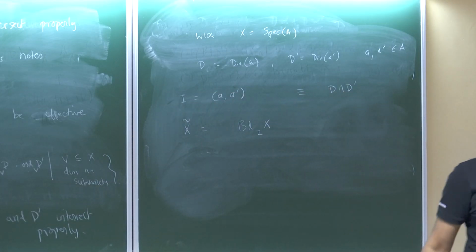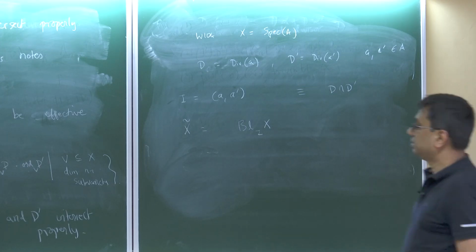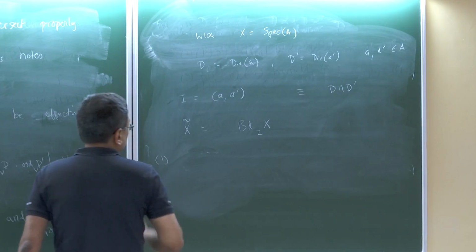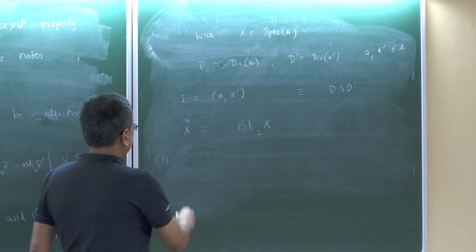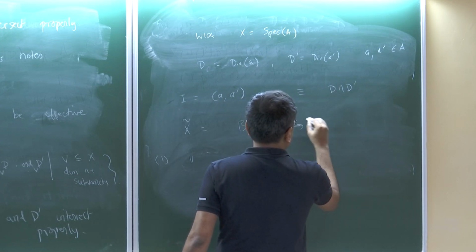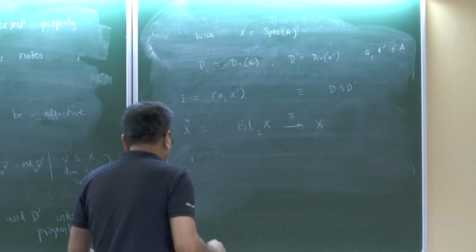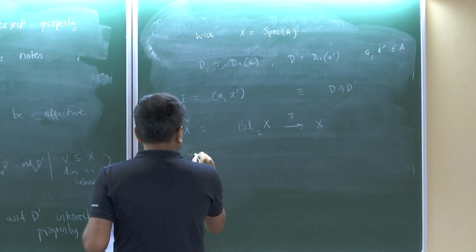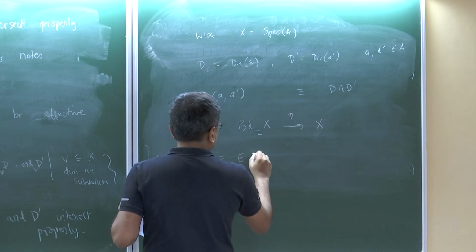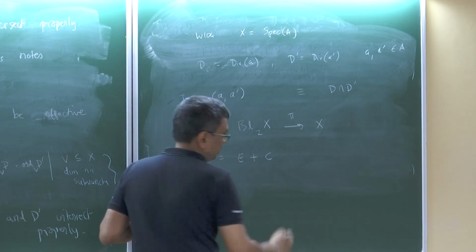Now there are some things which are going to happen on this blow up. So let me list them. The first claim is that, with pi the map from this blow up to x, pi upper star of D can be written as the exceptional divisor plus something.